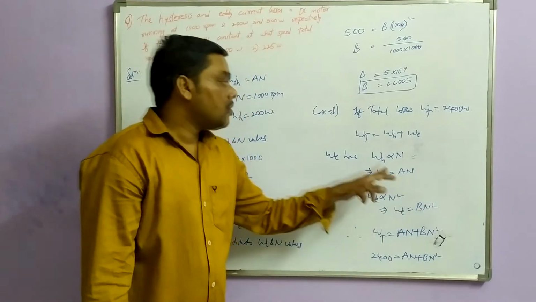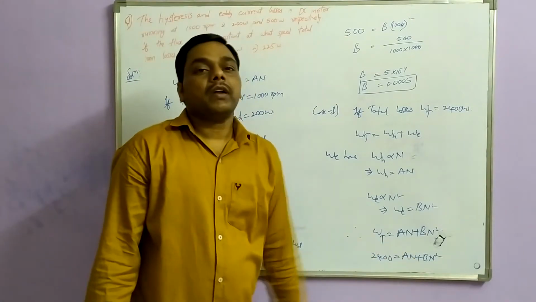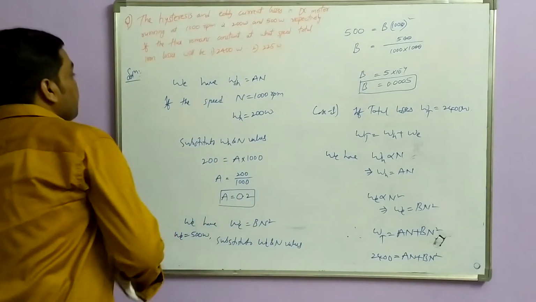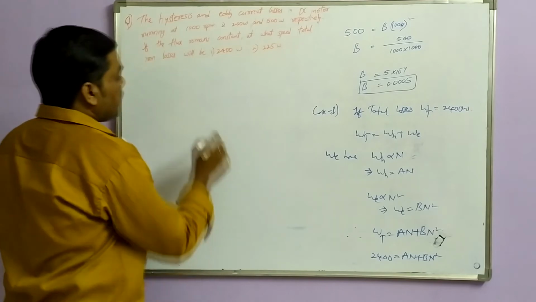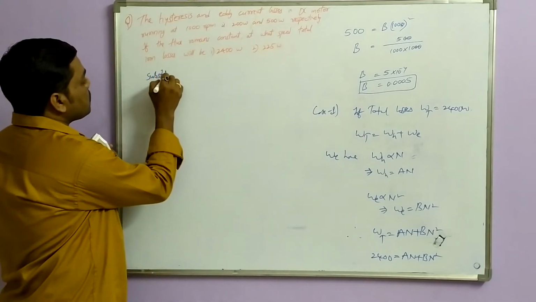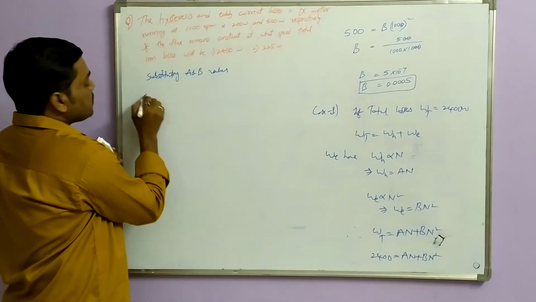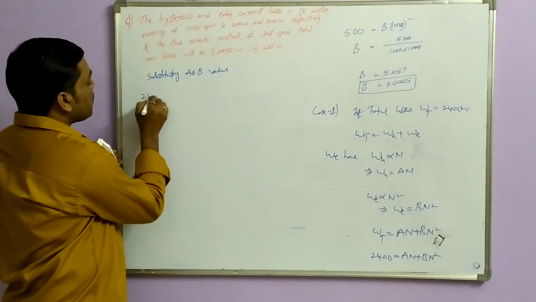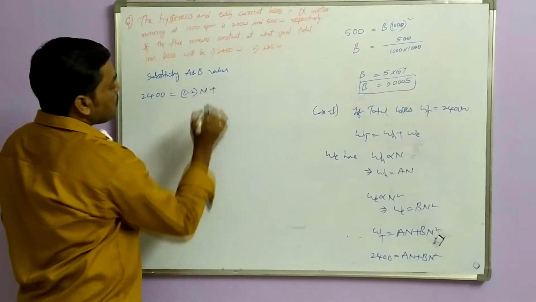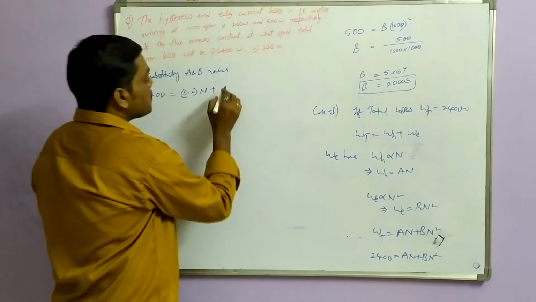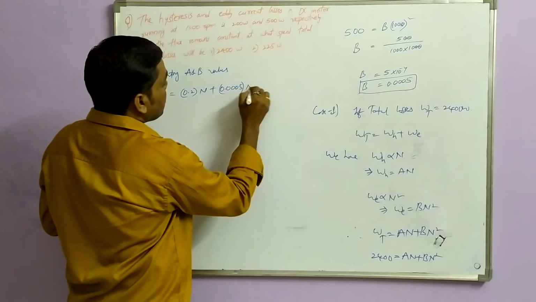But we know the values of A and B. If we substitute the A and B values, we will get the solution for N. So let us see. Substituting the A and B values, A is equal to 0.2, so 2400 is equal to 0.2 into N plus B, we know the B value is 0.005, multiplied by N square.